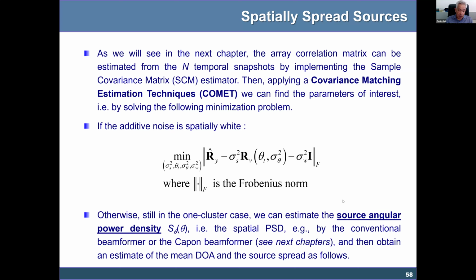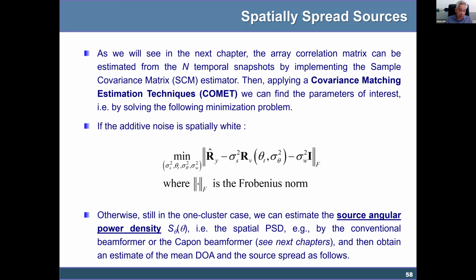Another method is basically to use a beamformer. You will see later in the course what a beamformer is. We'll investigate the classical beamformer, the Capon beamformer, and other adaptive beamformers. So use one of the beamformers that you will see in the next days to estimate the distribution of the power in angle, and this is called the source angular power density.